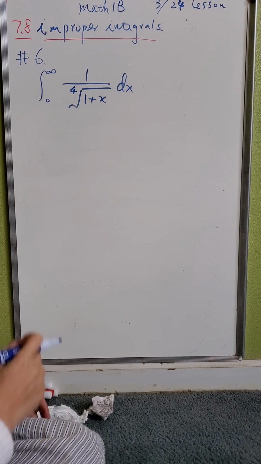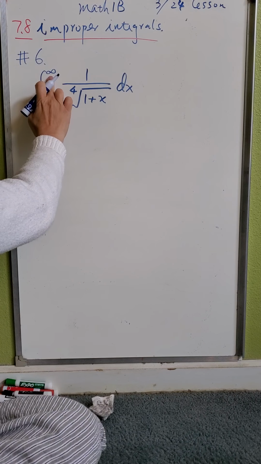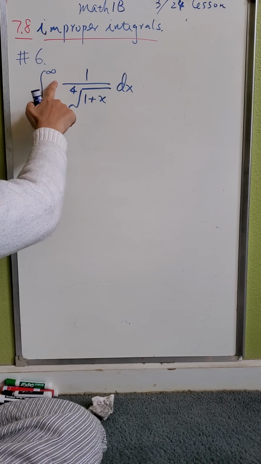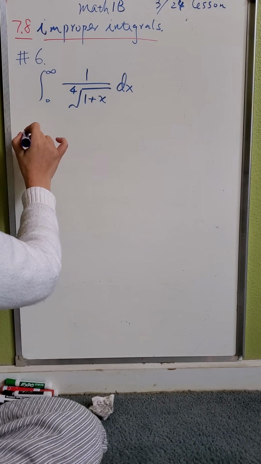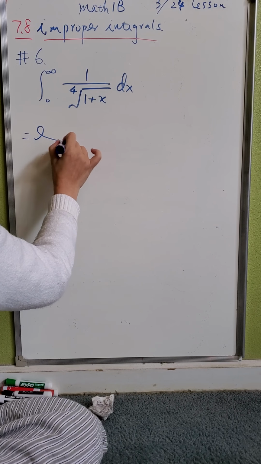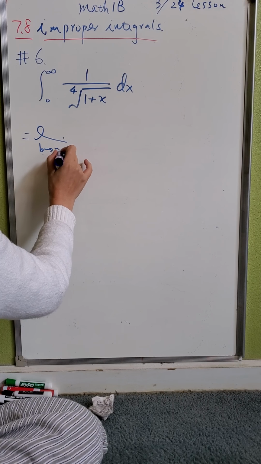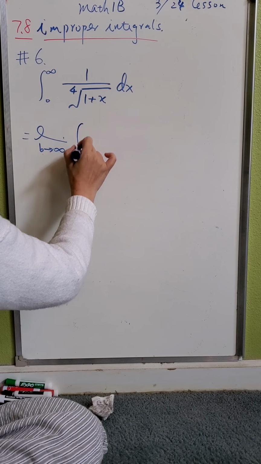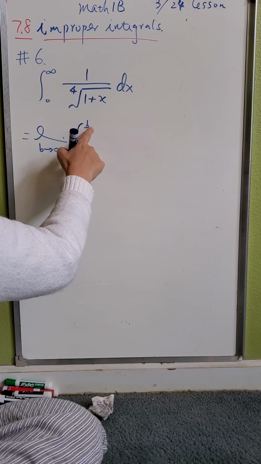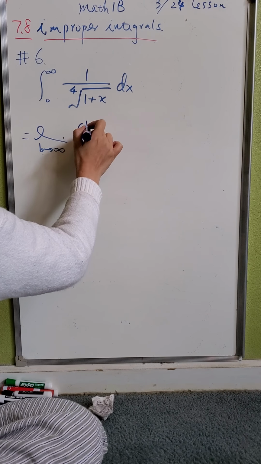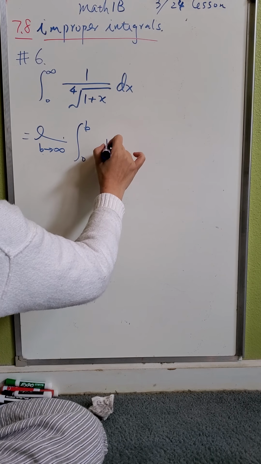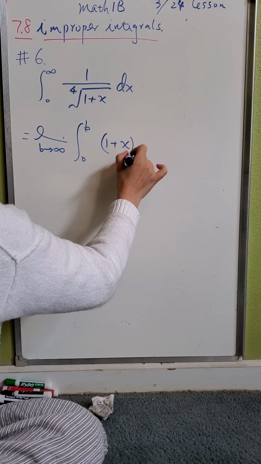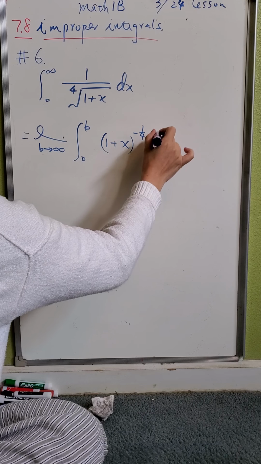Because this is an improper integral, we have to use a limit approach. So that equals the limit as b approaches infinity of the integral from 0 to b, and I'm going to write this as 1 plus x to the negative 1 over 4 dx.